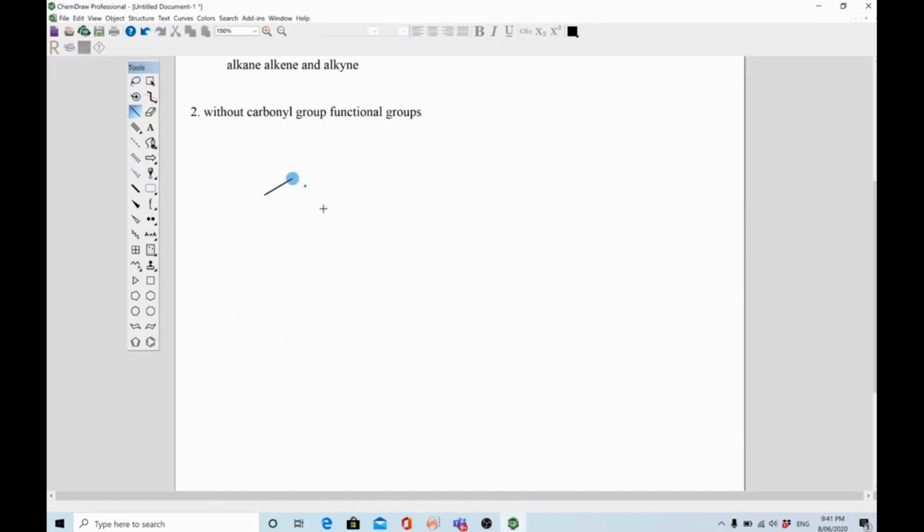Next functional group which does not contain a carbonyl group or does not belong to hydrocarbons is amines, NH2. So amines is another functional group of organic chemistry which contains no carbonyl group, only NH2. So if R is alkyl, we will say alkyl amines. If R is aromatic, we will say aryl amines.